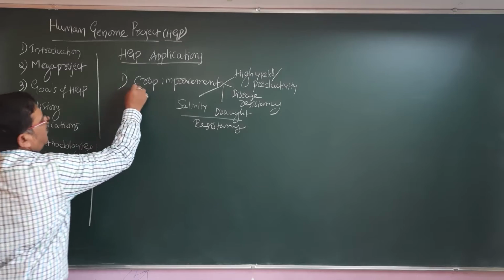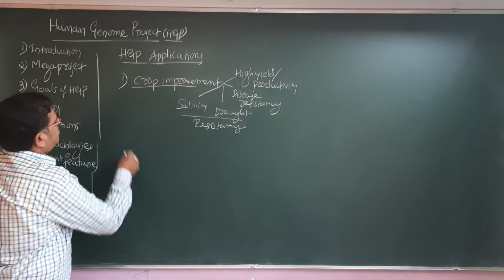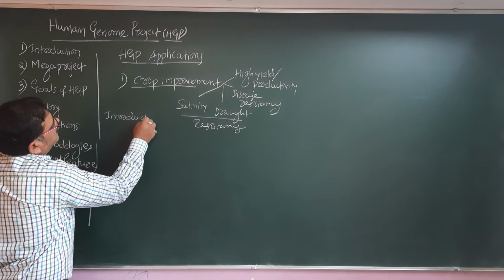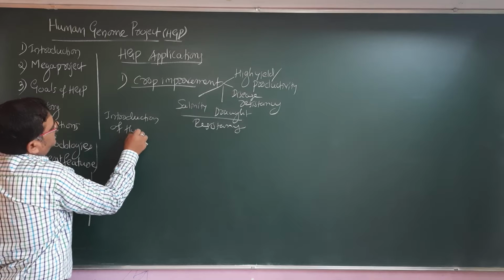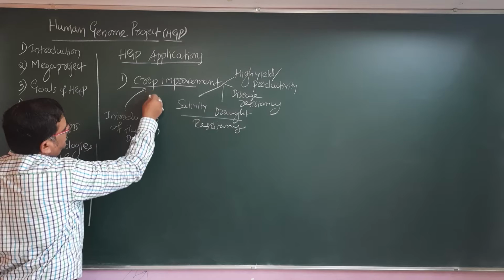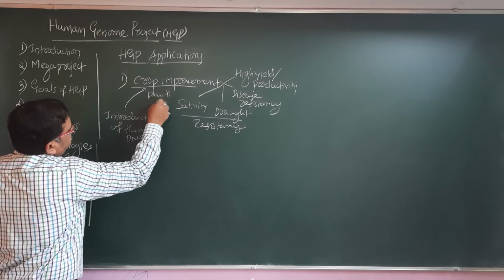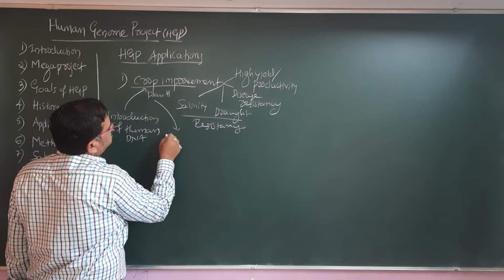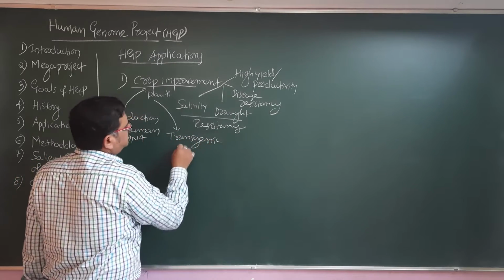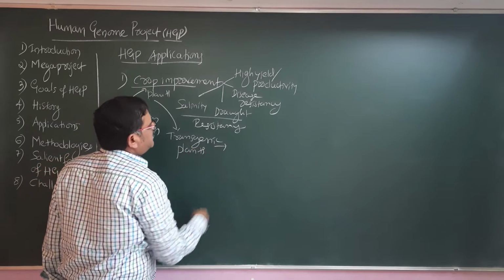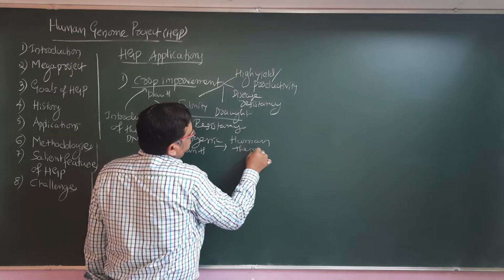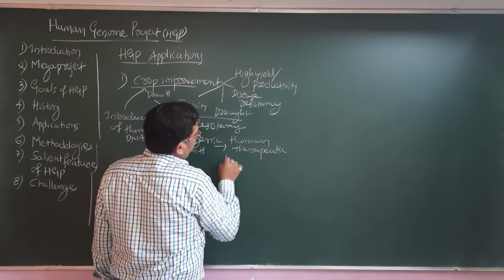Crop improvement also involves introduction of human DNA into the crop plants, and the plants become transgenic plants and start producing human therapeutic proteins.